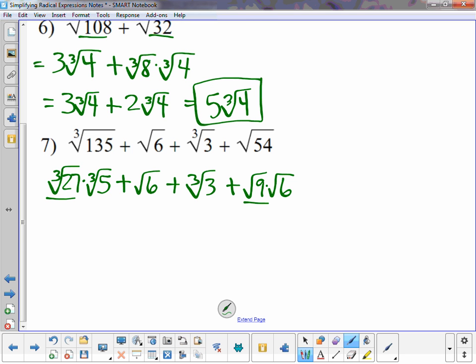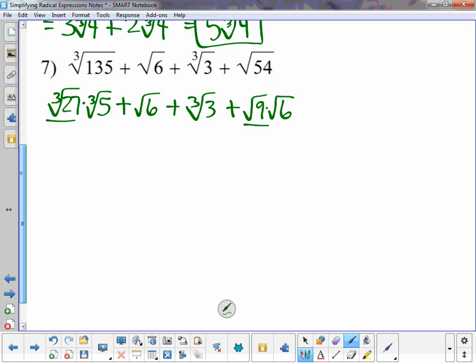So what's the cube root of 27? 3. So we have 3 cube roots of 5 plus square root of 6 plus cube root of 3 plus, what's that last term going to be? How many square roots of 6 do we have right there? 3 square roots of 6. Right.